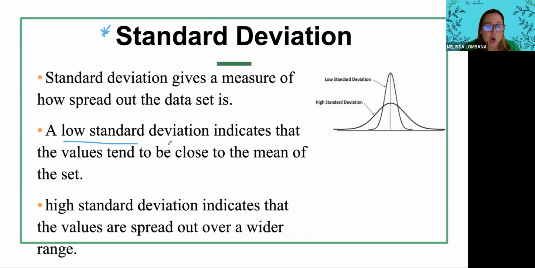So if you have a low standard deviation, very important, your second little bullet, low standard deviation means that the values or the data is close to the mean. Let's say, for instance, this is my test, right? And my average was 90, so most students got an average, their mean is 90.